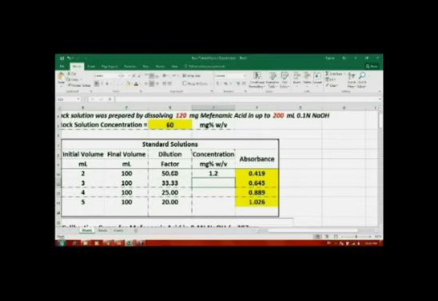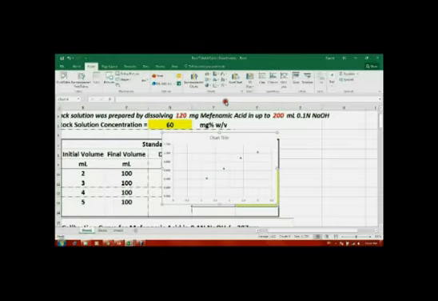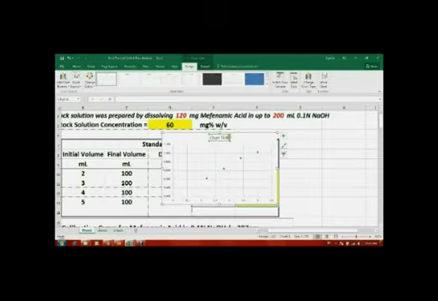Now, to plot the absorbance versus the concentration of your standard solutions, select from your Excel insert menu, scatter charts, and again plot absorbances on the y-axis versus concentrations on the x-axis. Add axis titles and chart titles.